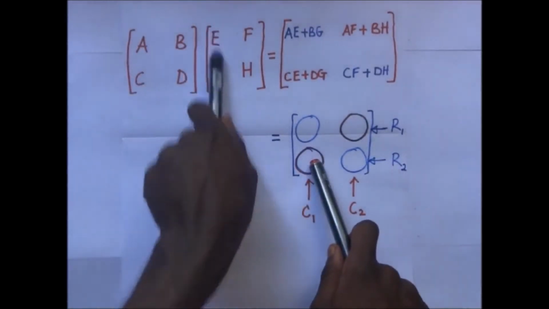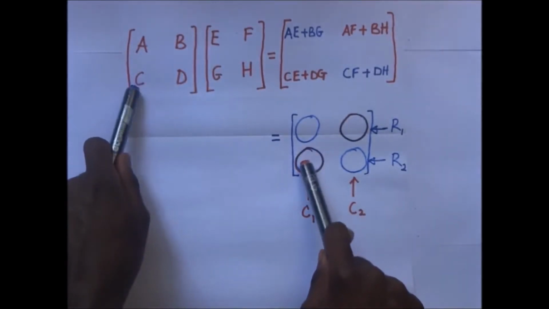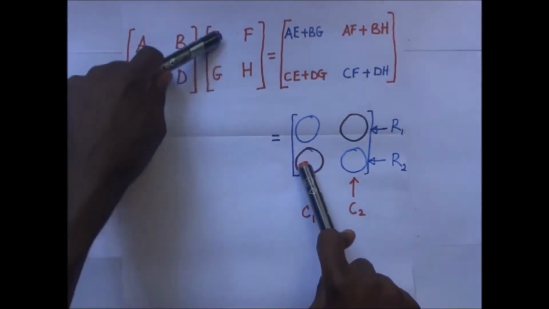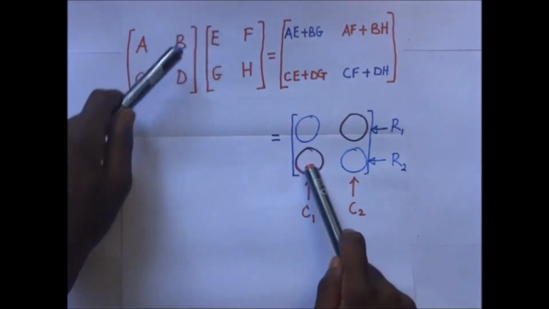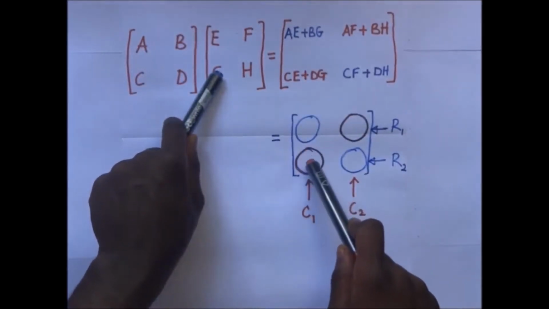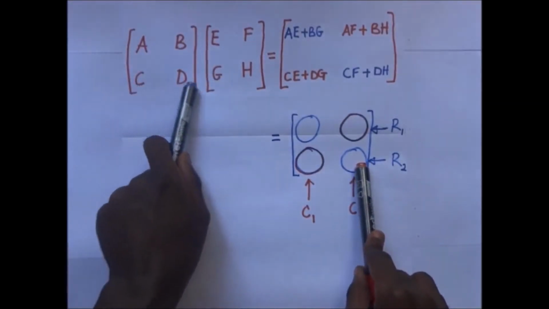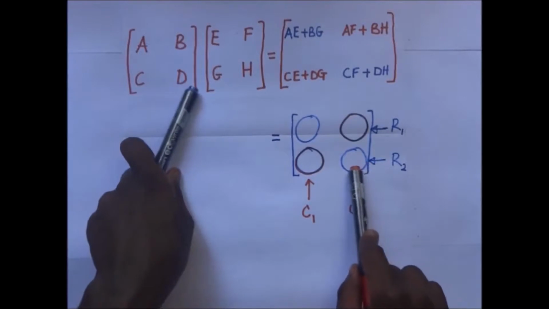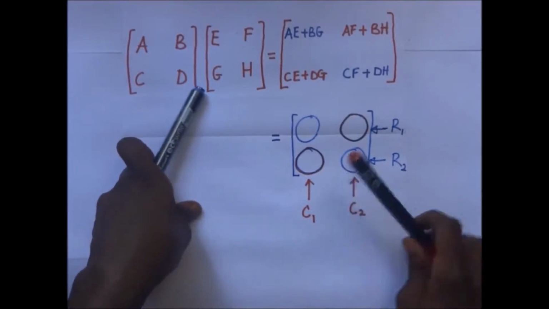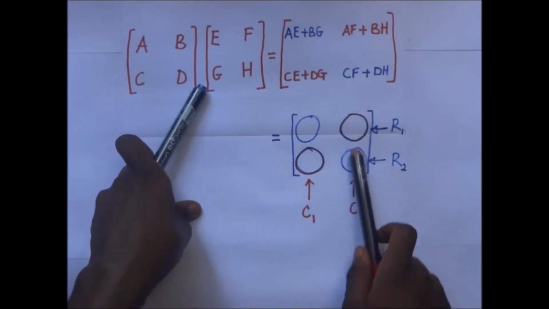So it is this row times that column to get this answer. So that's why it is C times E, plus D times G, to be able to get that answer. Likewise, in the last one, we are going to multiply C. If you look at this position, it is in the bottom row, on the right hand column.